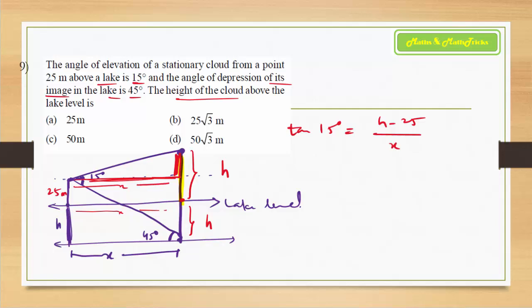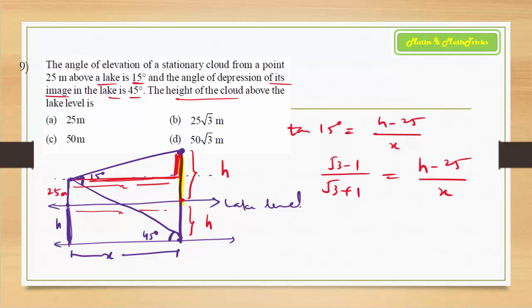How do you find tan 15? It is sin 15 by cos 15, or you can find it by the formula tan of 45 minus 30, which will be 1 minus 1 by root 3 upon 1 plus 1 by root 3. So it will be root 3 minus 1 by root 3 plus 1. Calculate that yourself.